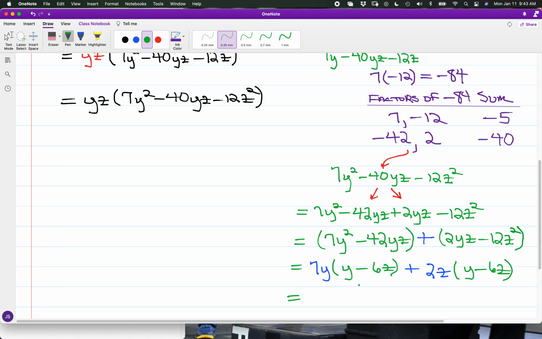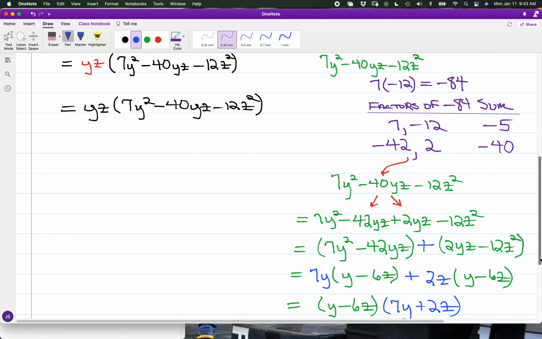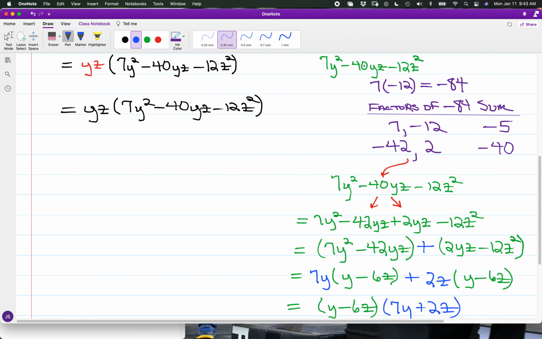So between the groups, we have a shared common factor of y minus 6z, and the other factor will stem from the greatest common factors and the uniting operation, which is addition. These will be the factors that result from this trinomial.